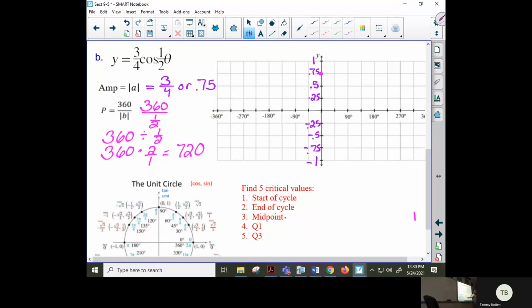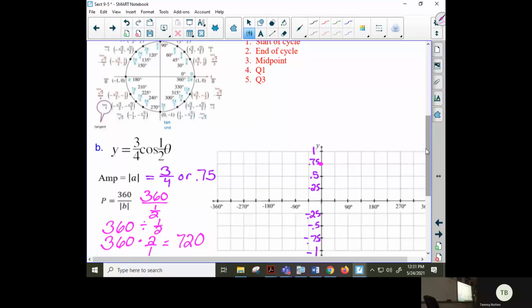And the middle of our cycle, where's the midpoint if it's from 0 to 720? At 360. So where do you think our graph is going to be? Think of a cosine graph. Isn't this the midpoint, right? So what do you think is going to happen at 360? Where would we be? At negative 0.75?